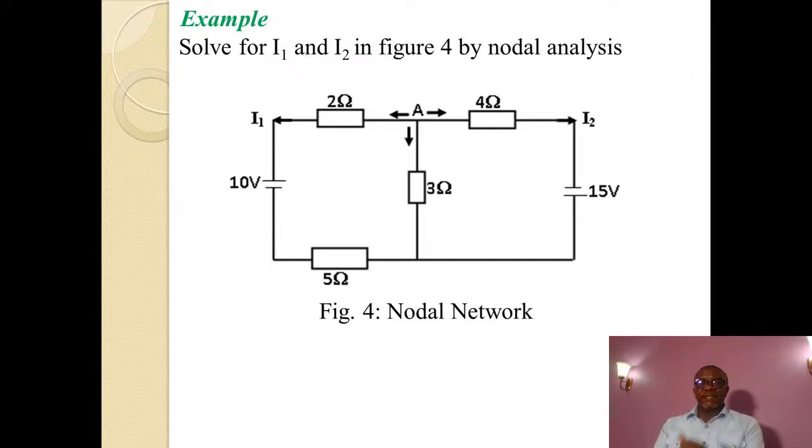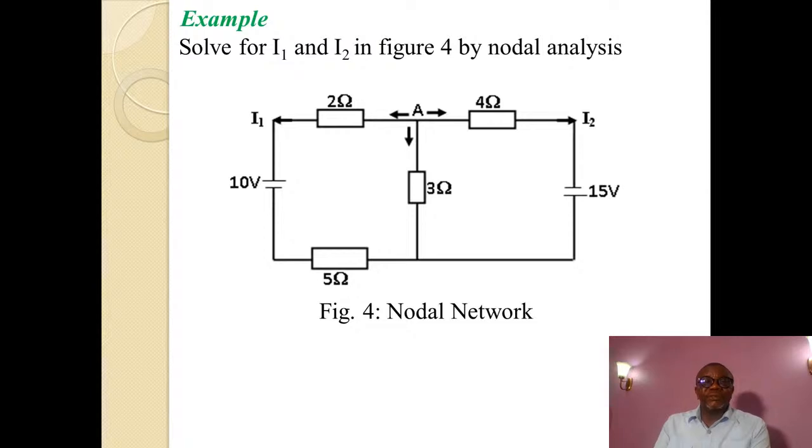So let's look at an example. Just like the first equation we had, solve for I1 and I2 in Fig 4 by nodal analysis. This is a circuit that has 10 volts on the left and 15 volts on the right.